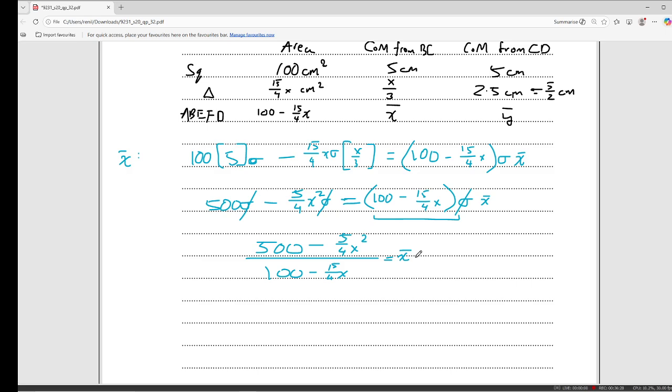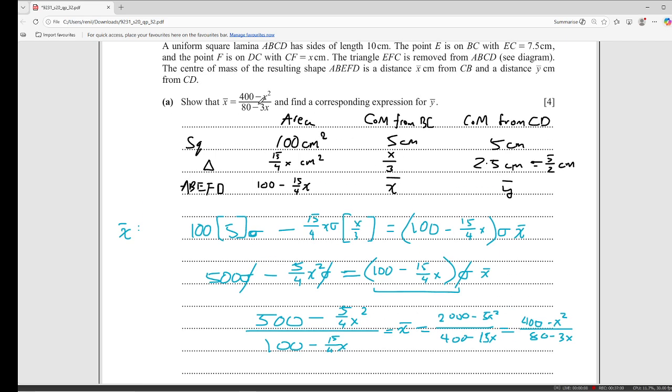Now if we multiply everything by 4, we get 2000 minus 5x square over 400 minus 15x. Remember, all I did is multiply the numerator and denominator by 4. Now let's divide by 5. I get 400 minus x square divided by 80 minus 3x. And you can see that this is what we want right here.